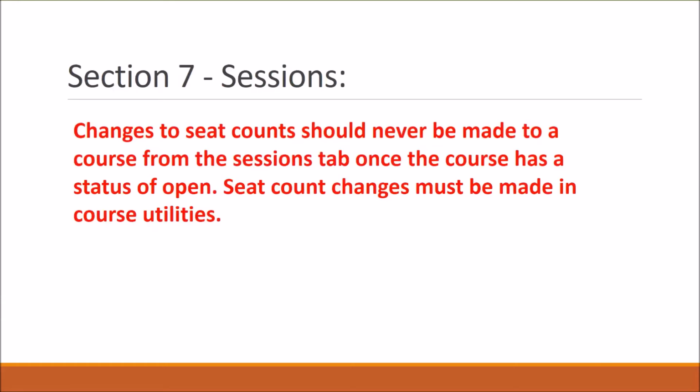Sometimes it's easiest to contact support if you're going to course utilities and it's not resolving and not moving people. And that is a direct result of the seat counts being changed in the course request after people have been registered.